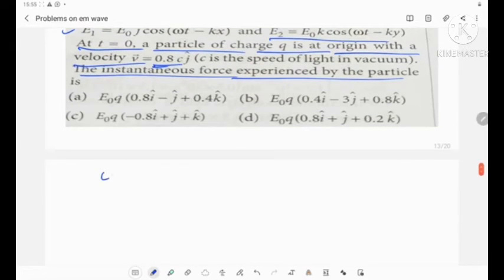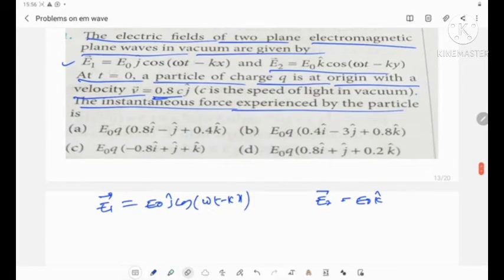First one, E1 bar is equal to E naught j cap cos omega t minus kx, and E2 bar is equal to E naught k cap cos omega t minus ky.